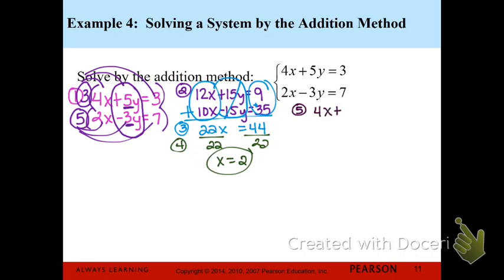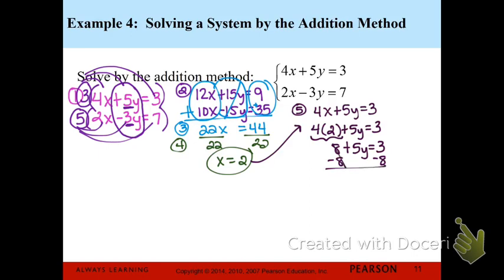So 4x plus 5y equals 3. And we're going to take and plug that 2 in for which variable? X. So plug in the 2. What's 4 times 2? So 8 plus 5y equals 3. Now what? Subtract the 8.